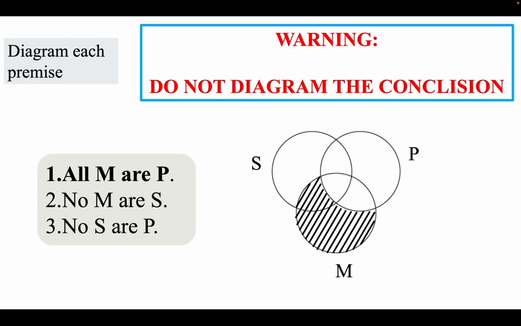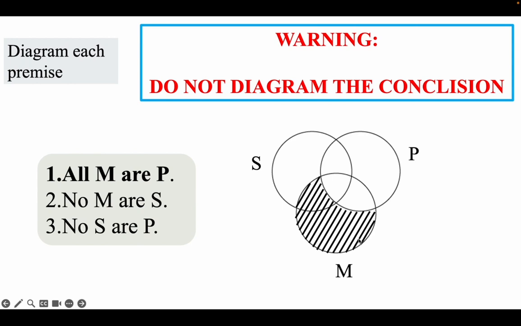For example, the first premise is an A form, all M are P. Consequently, as you recall from the previous video, in order for me to diagram exactly what the premise is asking for, that all M are P, you have to focus on the circle M and the circle P. And as you recall, you have to shade logical area 1.